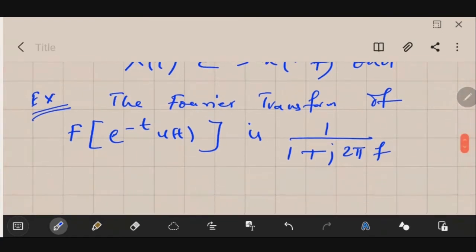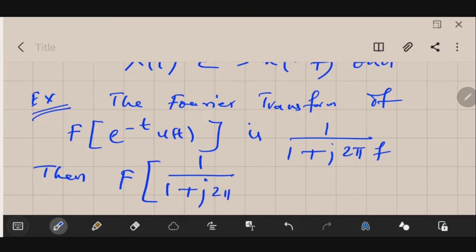So what you have to find is the Fourier transform of 1 by 1 plus j 2 pi t. I have just replaced f by t. How much is it? Just try to find it out and tell me.